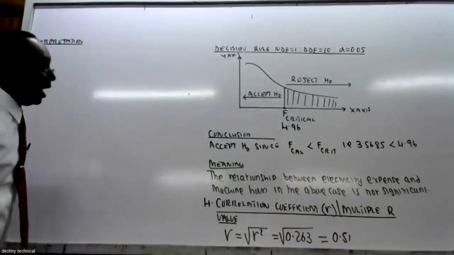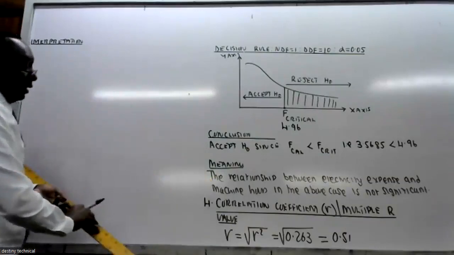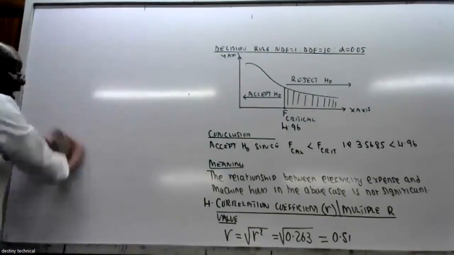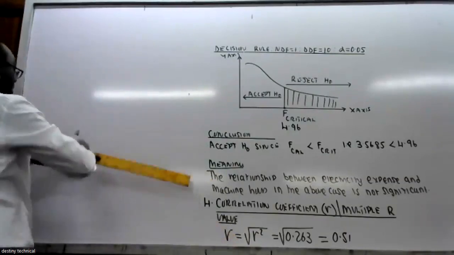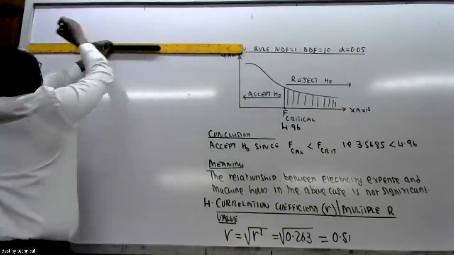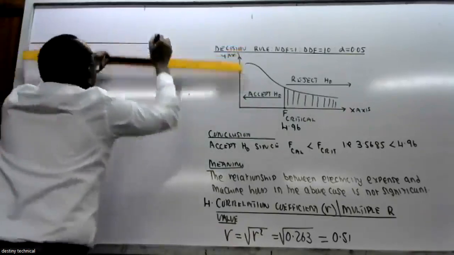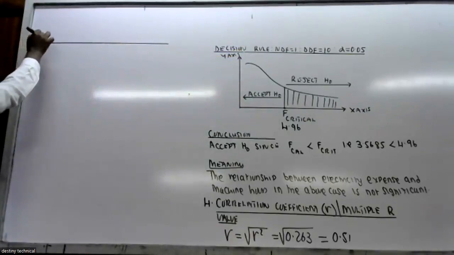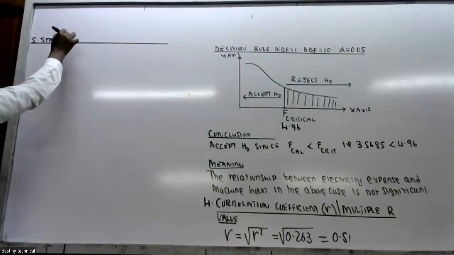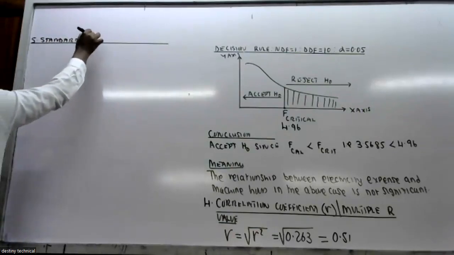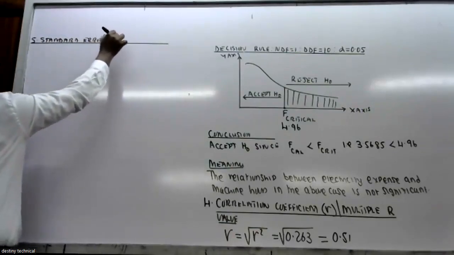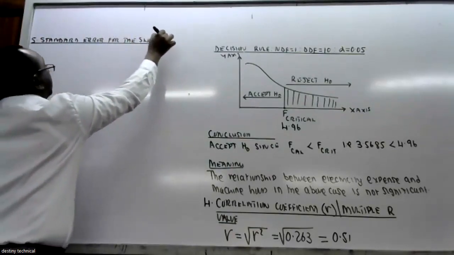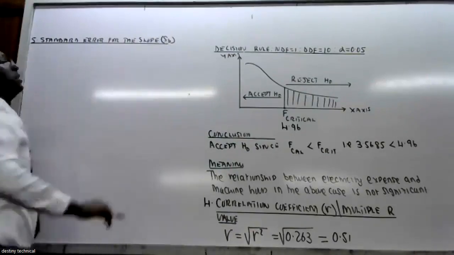Okay. The next one, number 5. Test number 5 is called standard error for the slope, SB.